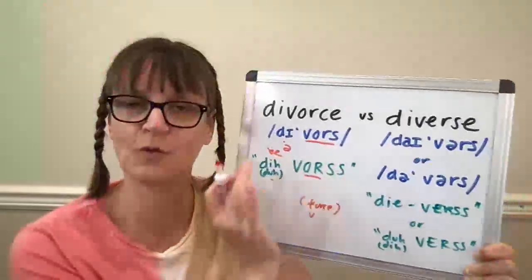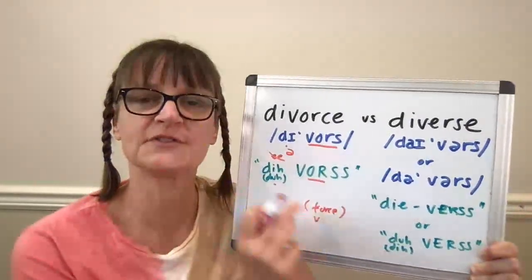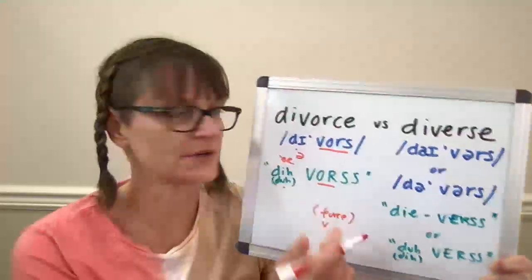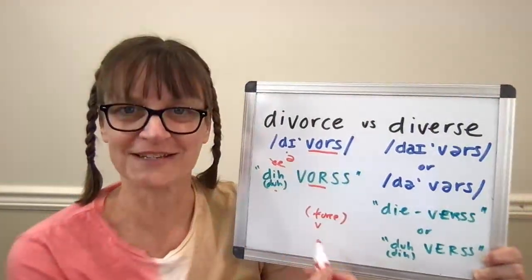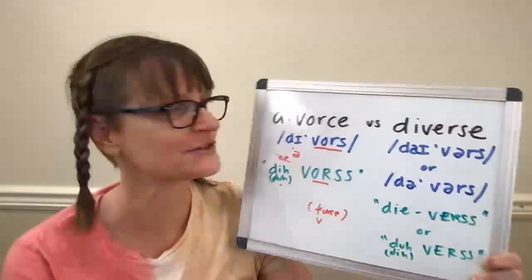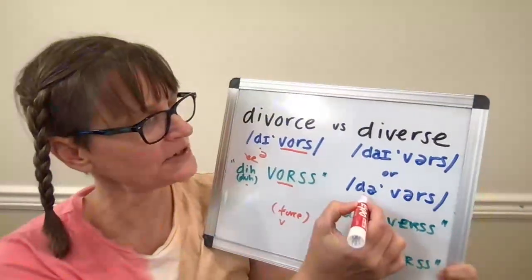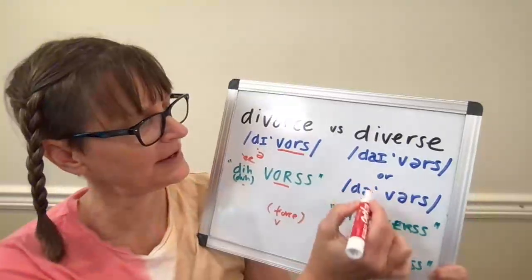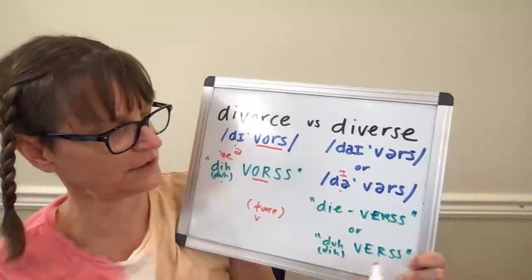Once I have vorse, I'll just add a light touch for that first syllable. Vorse, divorce, divorce. That's going to really help you get the rhythm and the vowel sounds correct in both syllables of the word divorce. Then when we look at diverse, I personally will say it with the same I sound or schwa sound, diverse.